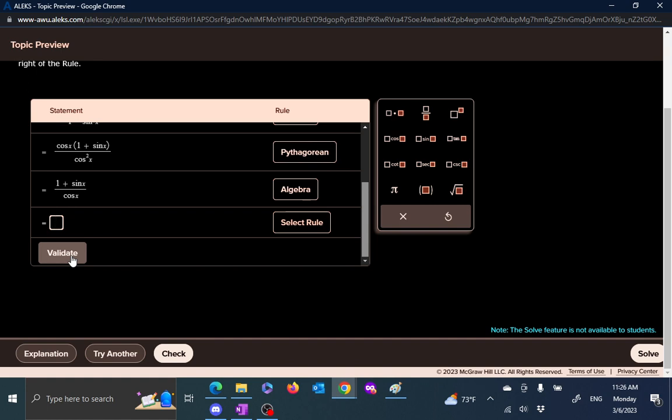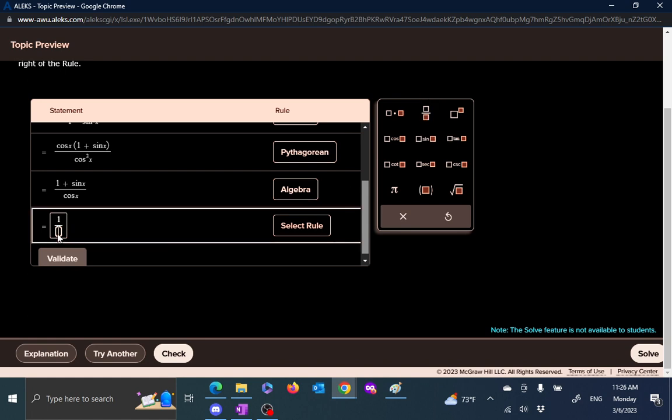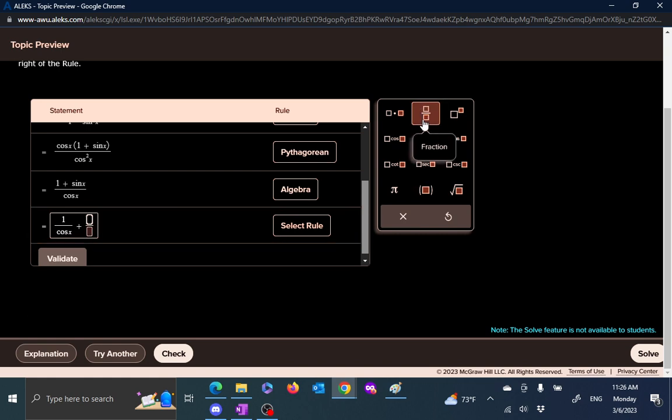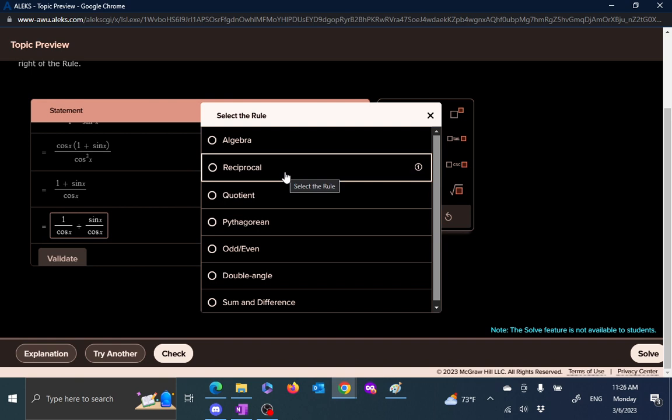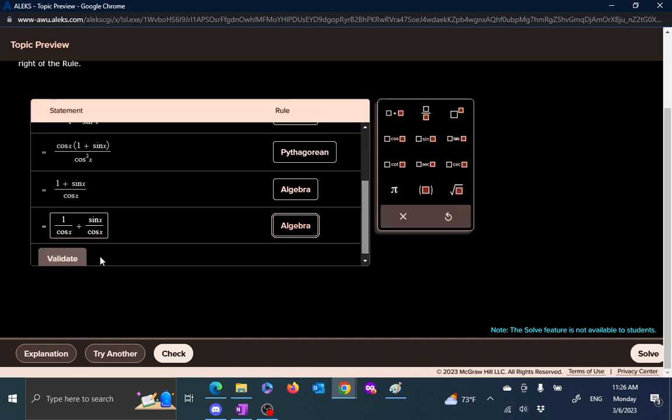That is one fraction, which is 1 over cosine of x, and then I have plus another fraction, which is sine of x over cosine of x. So what did I do now? I have applied just algebra.